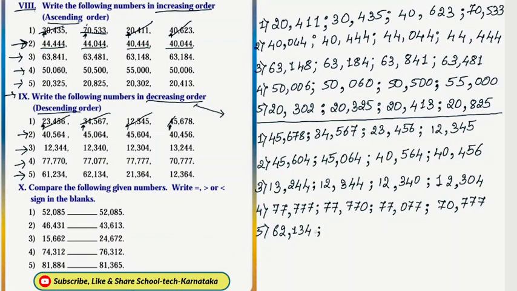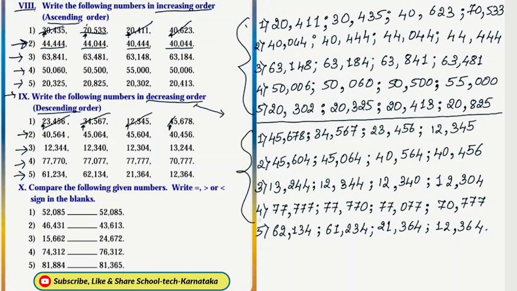Then the next smallest is 61,234. Then the next smallest is 21,364, and the smallest of all is 12,364. This is how we write the numbers in ascending and descending order. These are in ascending order and these are in descending order.